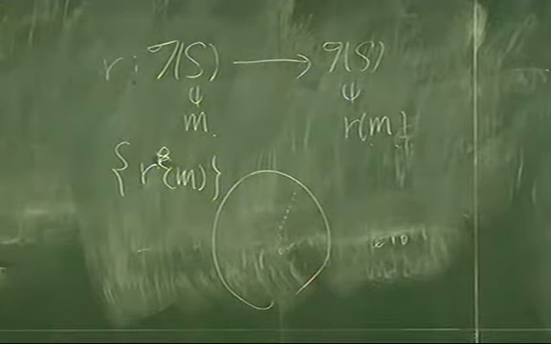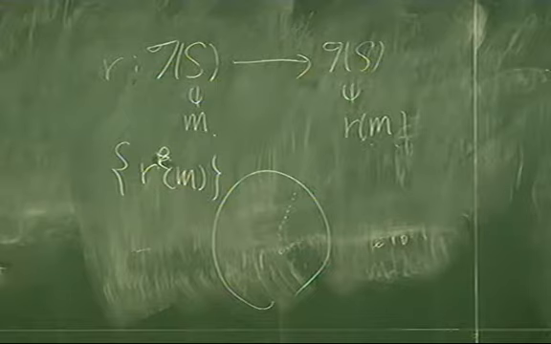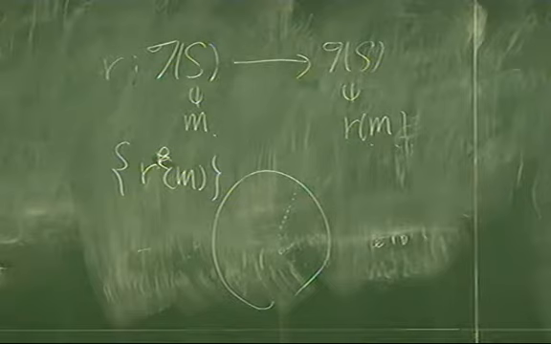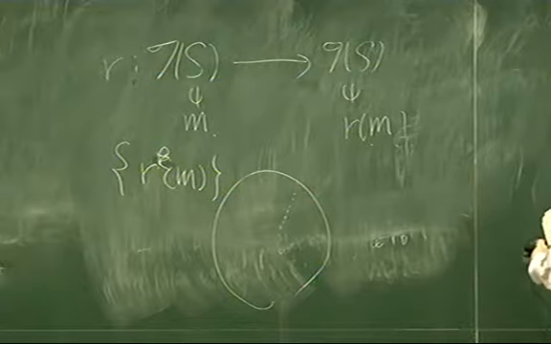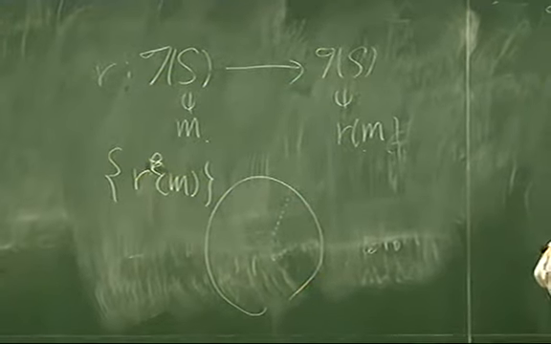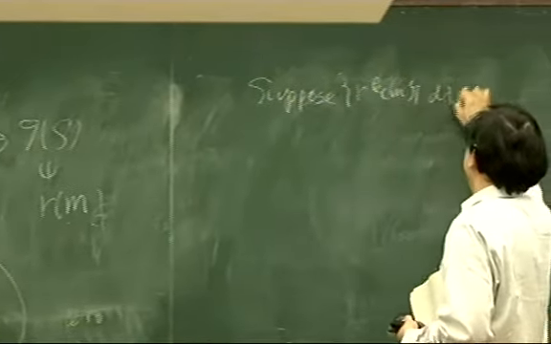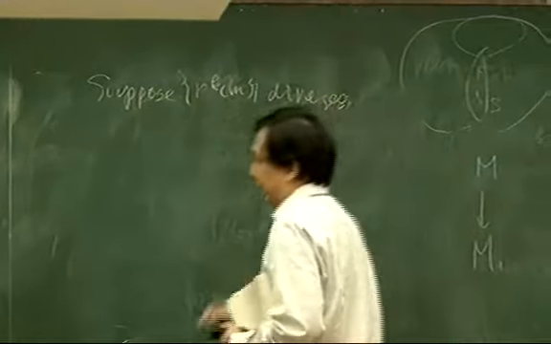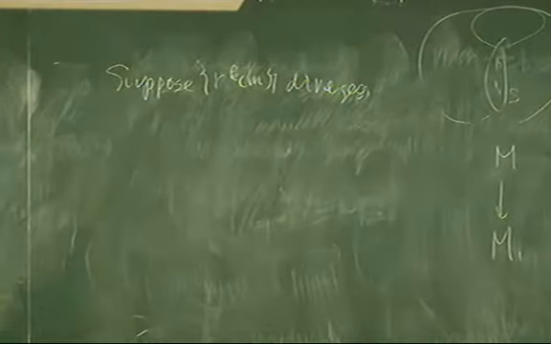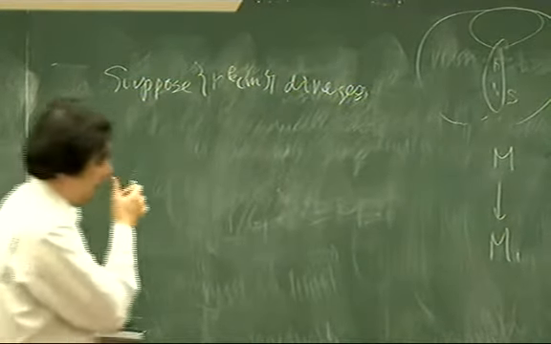So first, to analyze what happens if it diverges, that's the place where he considered the general theory of Kleinian groups. So suppose, okay, M diverges. Okay.